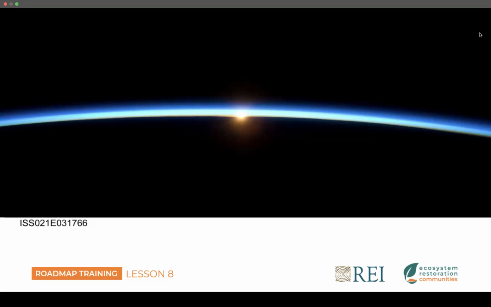And I want to kind of set the context. So this is a picture of our Earth, and this is what we call the thin blue line. And this is the sun coming up, and you can see the small area here. This is our atmosphere. Beyond that is the vacuum of space. And below that, there's a thin layer of soil.